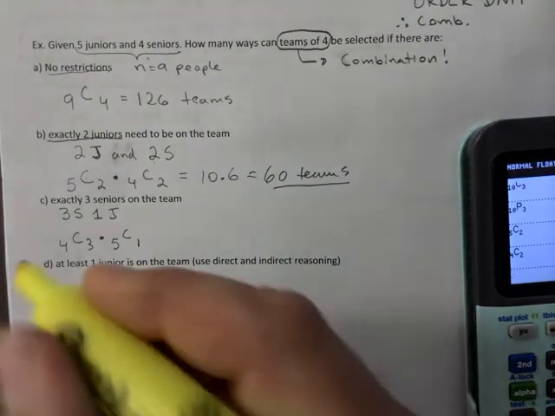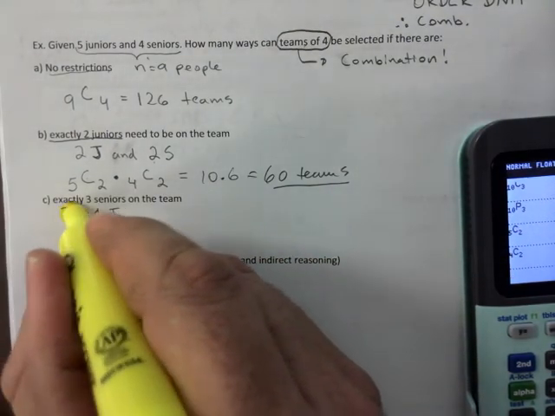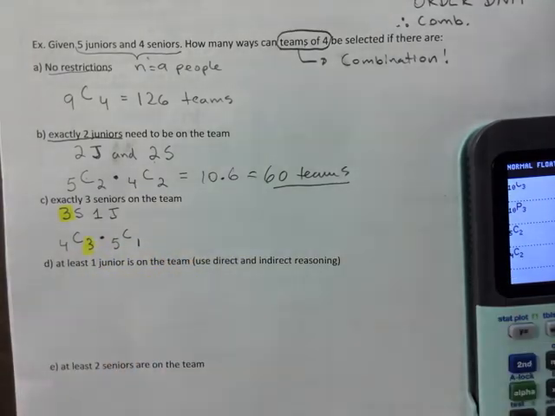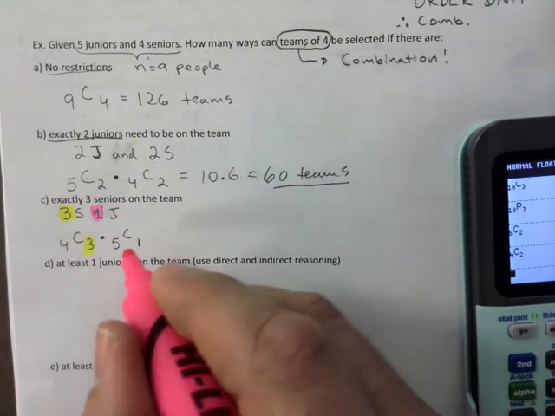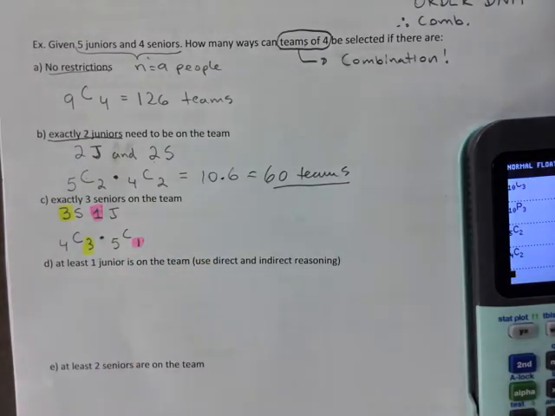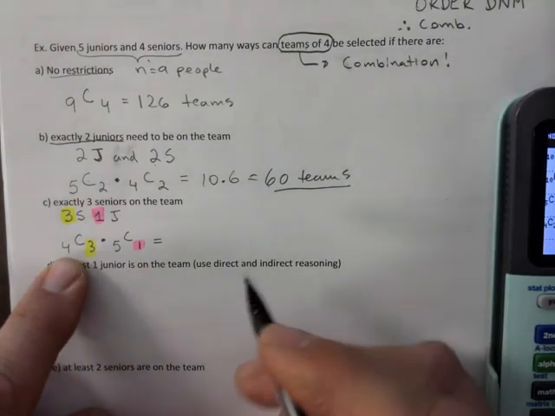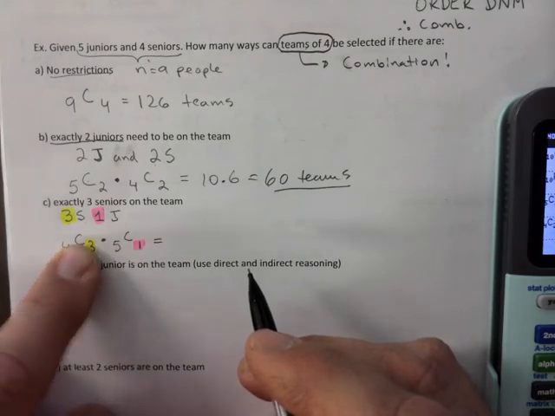The 1 junior, poor junior, joining the varsity team. So what does 4 choose 3? Do you remember that?